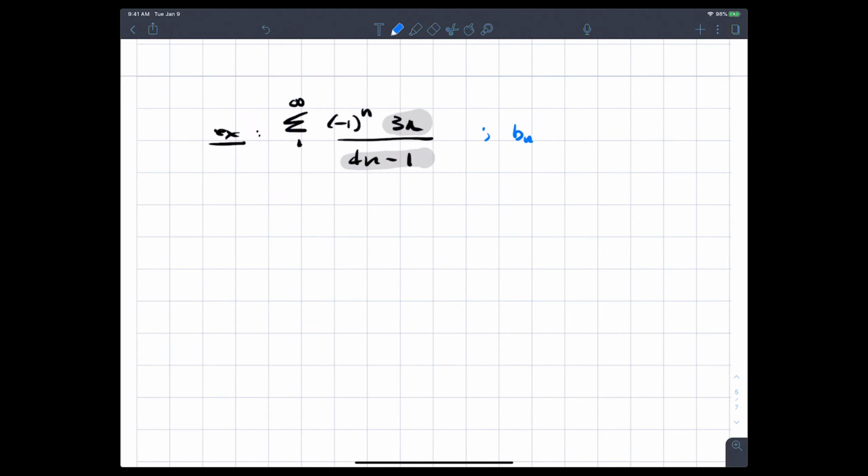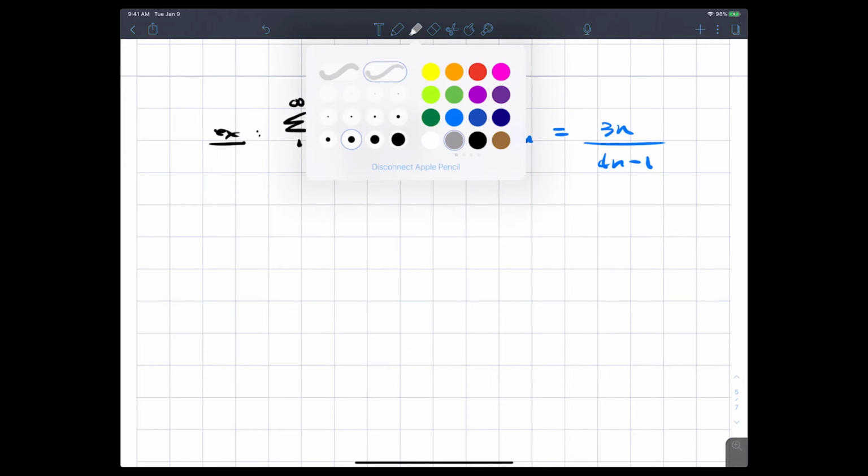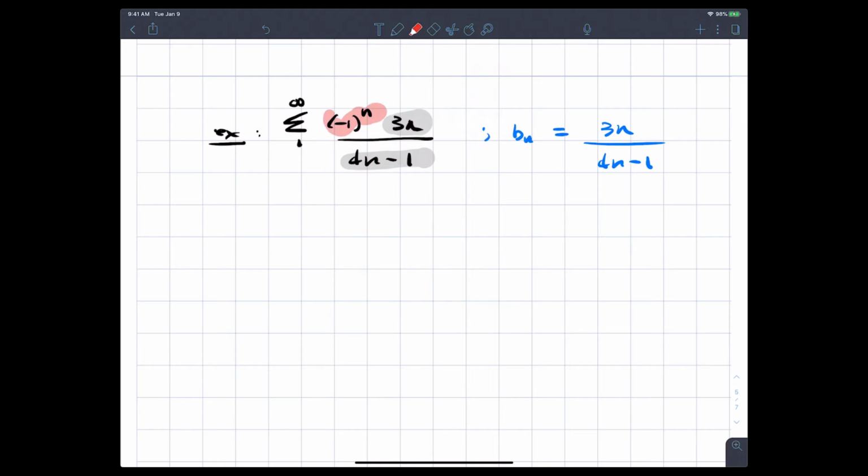So Bn is 3n over 4n minus 1. That's the Bn portion here for us. What this means, since we have our alternating mechanism, is: is my Bn decreasing here? Is this a decreasing function?